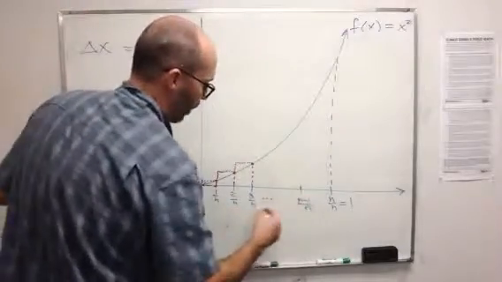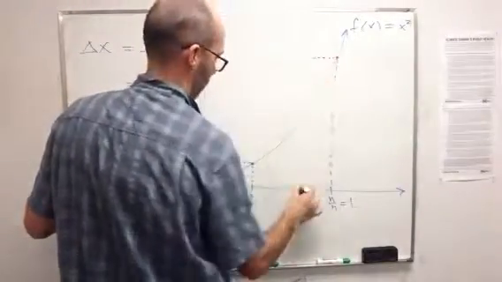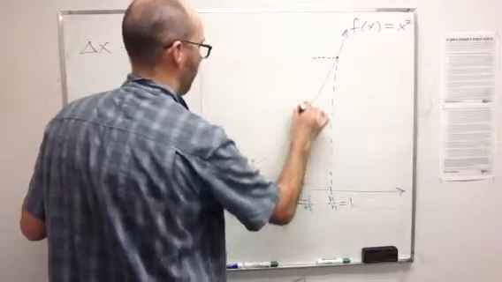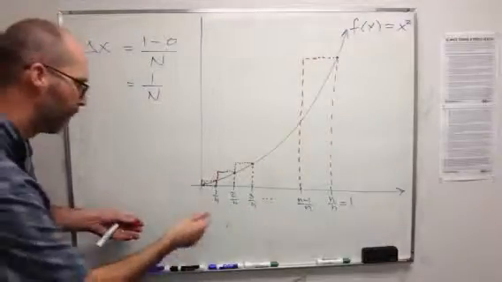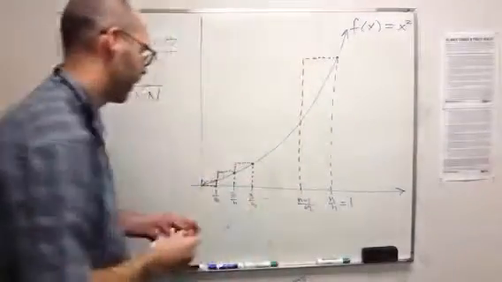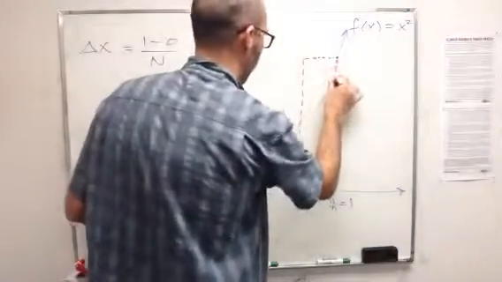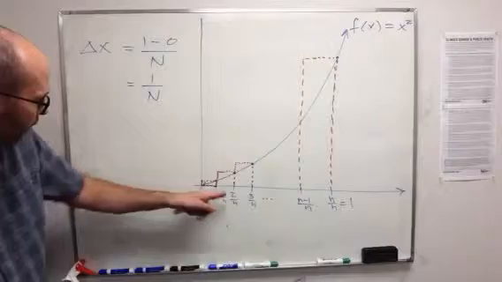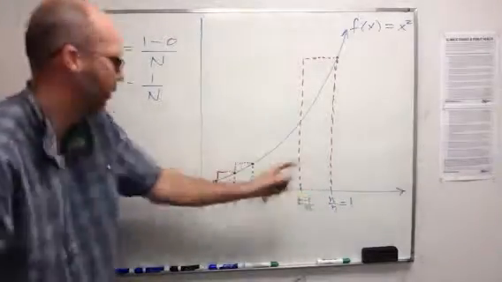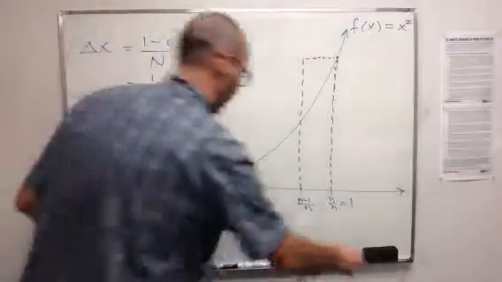And we continue in this way over to this last one. And so you see there are n rectangles here. Maybe n minus 1? Let's see, we had 1 there, 2 there, 3 there. Okay, so we have n rectangles.